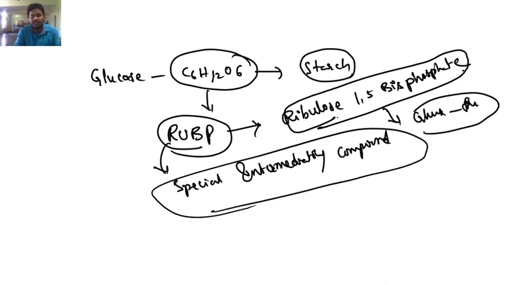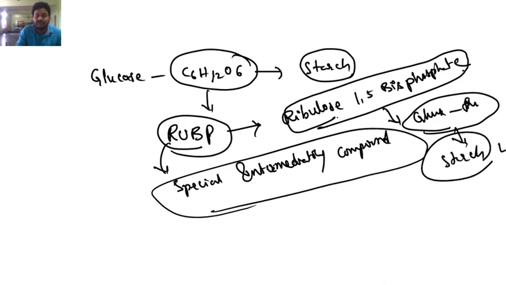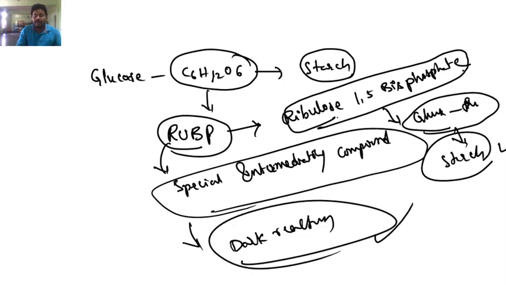Finally the glucose is converted into starch. This is the dark reaction. Now you know the light reaction and dark reaction. Thank you very much.